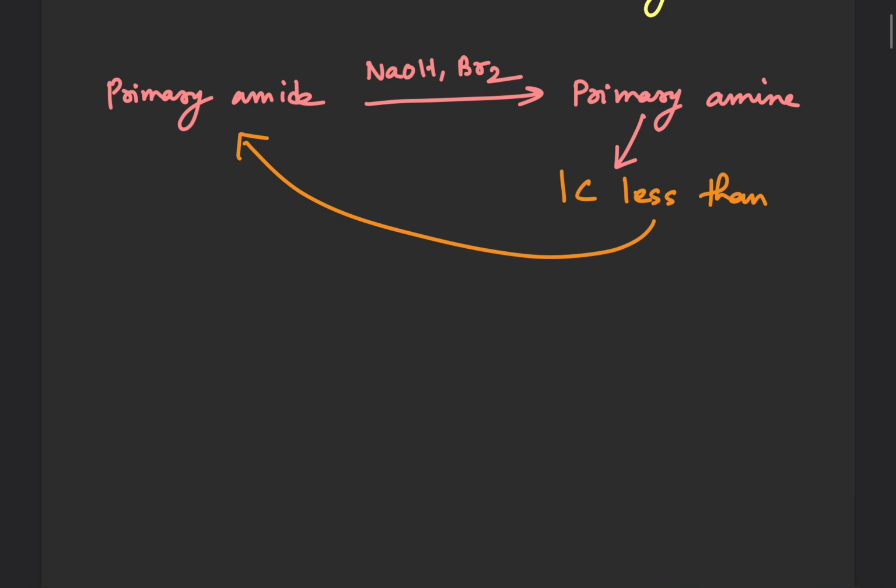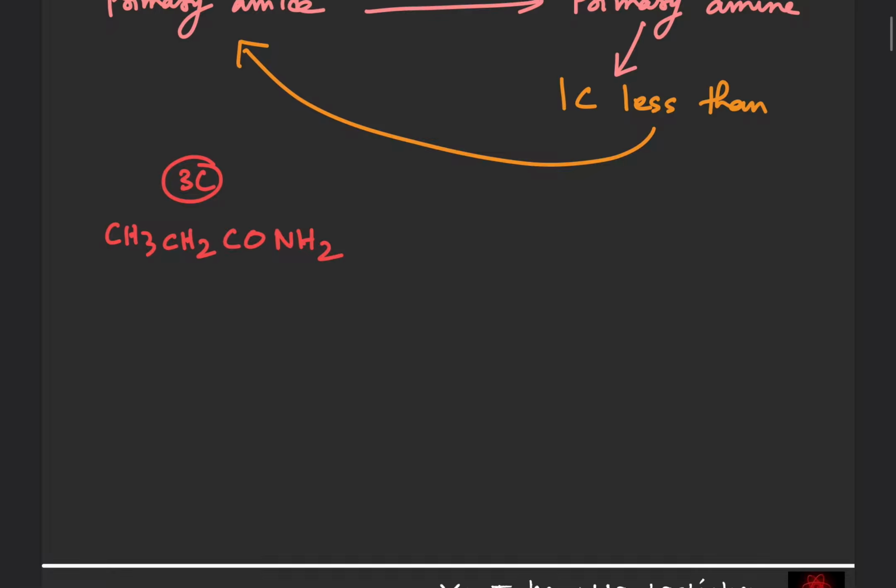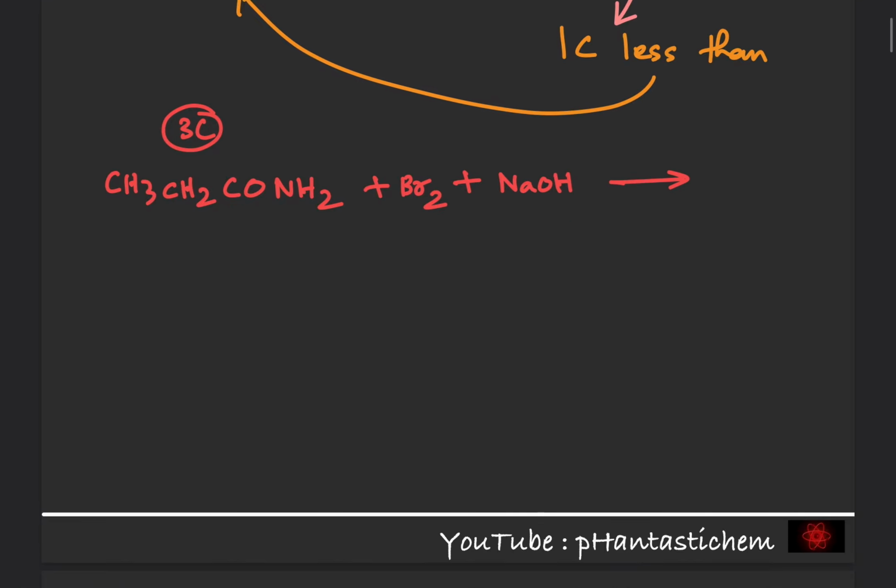Okay, so therefore, with respect to reactions, I can write, since we are starting with propionamide, CH3 CH2 CO NH2, so it has 3 carbons. Upon reaction with Br2 and NaOH will give us primary amine CH3 CH2 NH2, and the name of this guy is ethylamine, and it has 2 carbons.